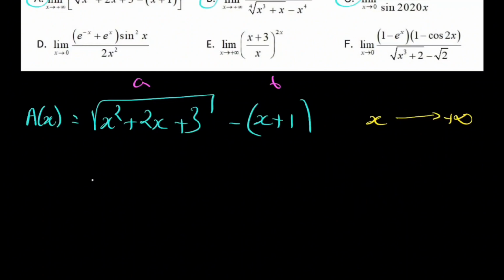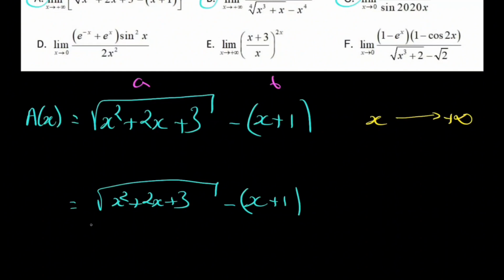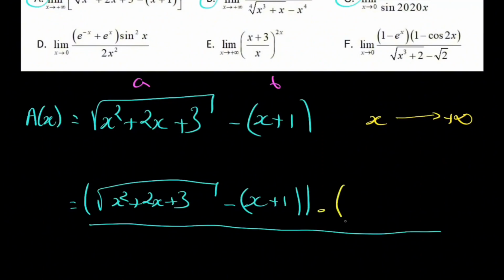So it is equal to the same thing, square root of x squared plus 2x plus 3 minus x plus 1, and we are going to multiply on both sides by square root of x squared plus 2x plus 3 plus x plus 1.